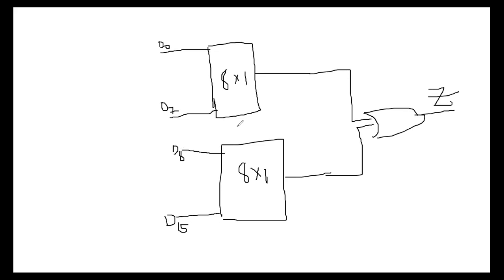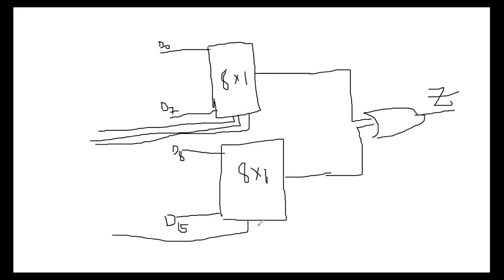Now there are only 3 selection lines: S0, S1, and S2. Here also there are S0, S1, and S2. I am combining these functions.